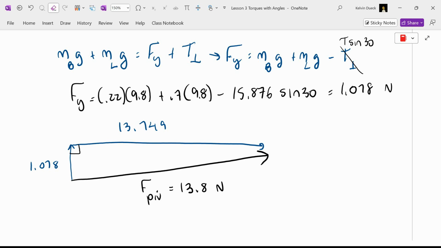That's the magnitude. What about the direction? Theta is going to go down there. Davin, are you ready? Color, color, color. 13.749, opposite, adjacent, or hypotenuse. Yay! 1.078.